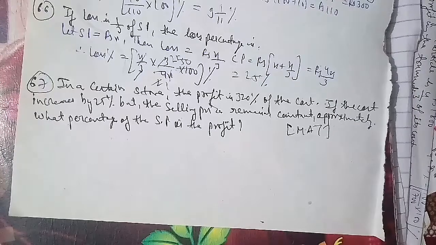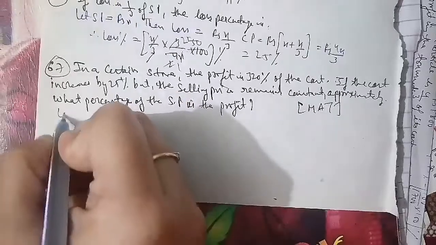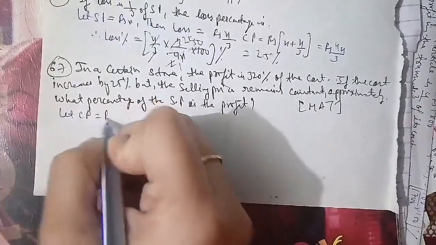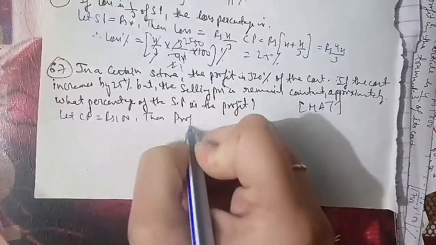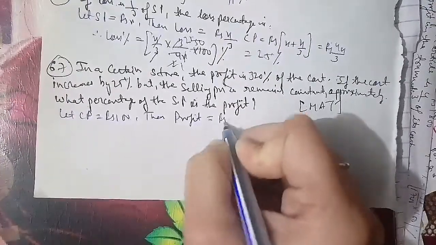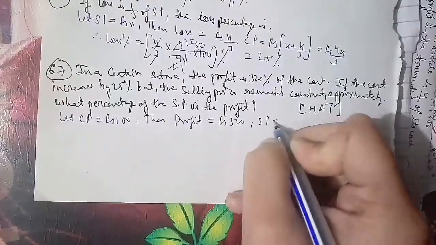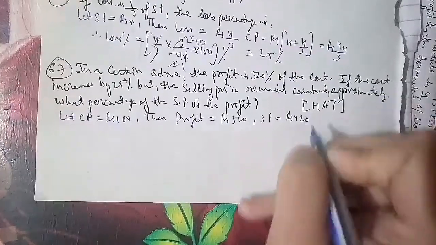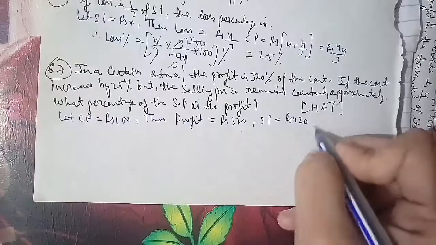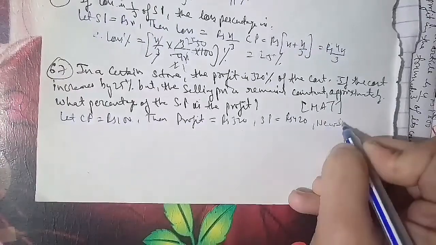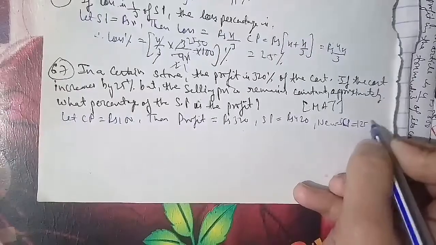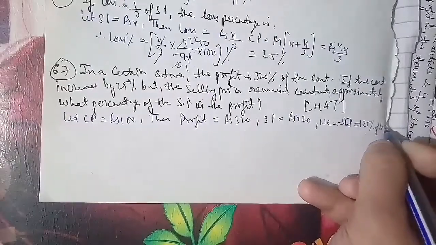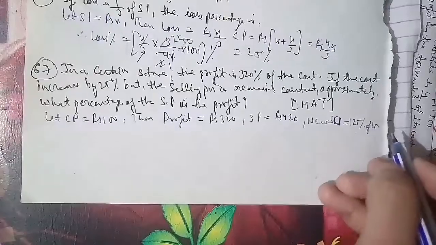So new CP equals 125% of 100, that is equal to rupees 125, and new SP, that is selling price, equals rupees 420. So profit equals rupees 420 minus 125, we will get rupees 295.